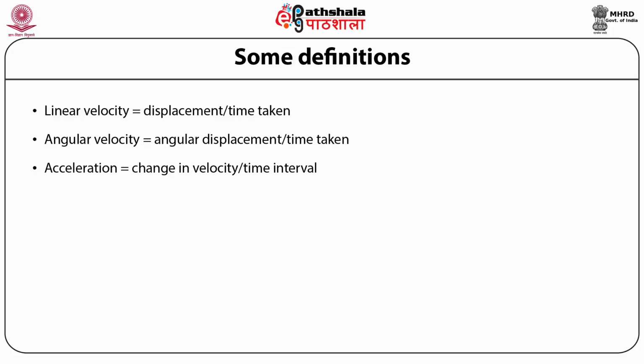Angular velocity has dimensions of radian per second, and similarly acceleration has dimensions of meter per second square in MKS system of units.